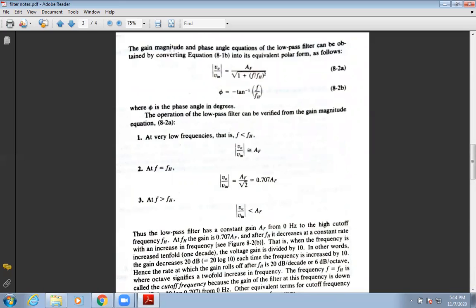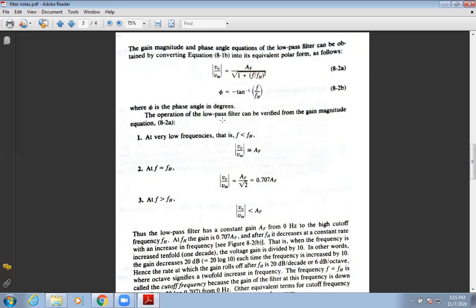The gain magnitude and phase shift angle equations of a low pass filter can be obtained by converting the equation into its equivalent polar form. That is, the magnitude of the gain is equal to AF divided by under root 1 plus f upon fH whole squared, whereas the phase angle is given by phi equal to minus tan inverse f upon fH, where phi is the phase angle in degrees.